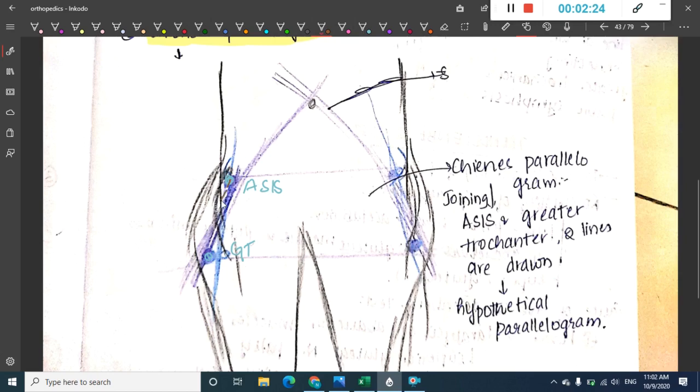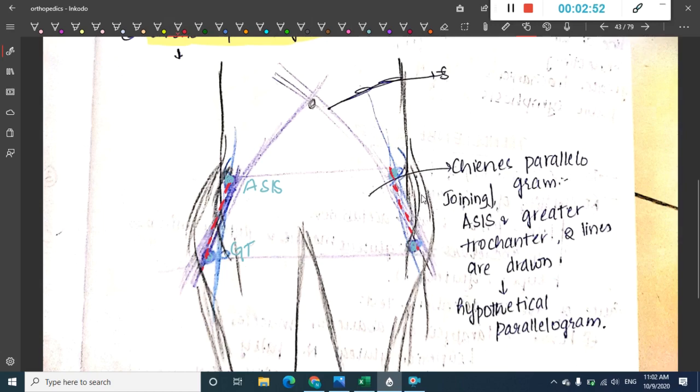You will draw a line with red from the anterior superior iliac spine to the greater trochanter. Similarly, on the opposite side also, you will draw a line joining the anterior superior iliac spine to the greater trochanter. These are the sides of the parallelogram.